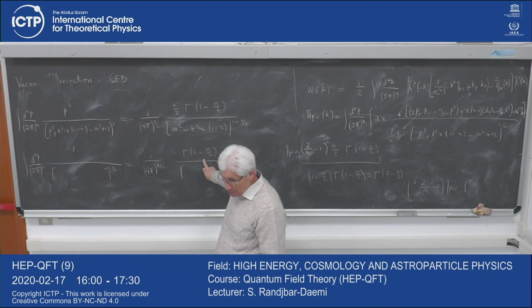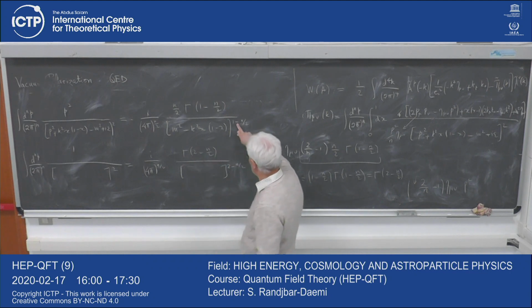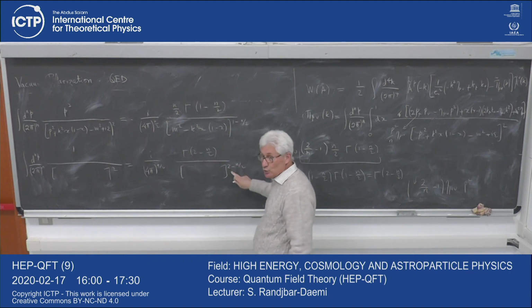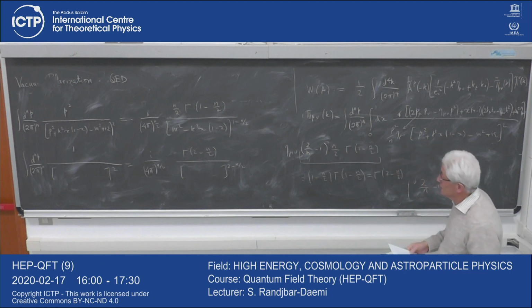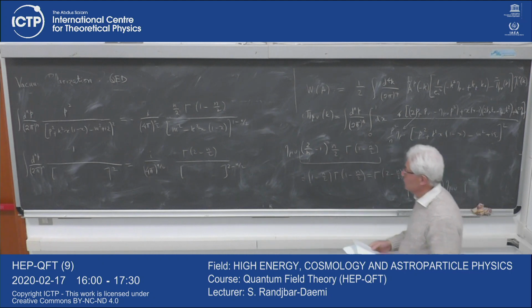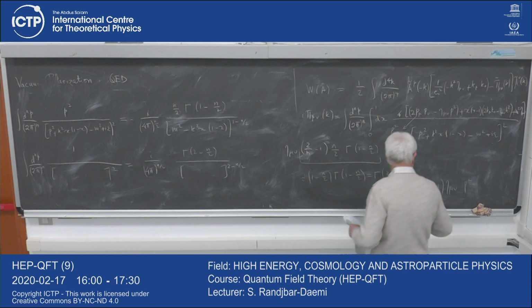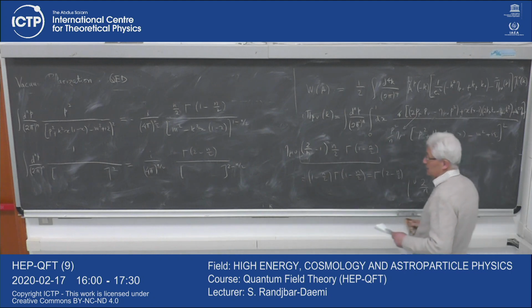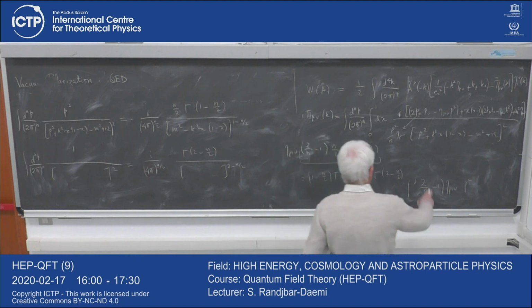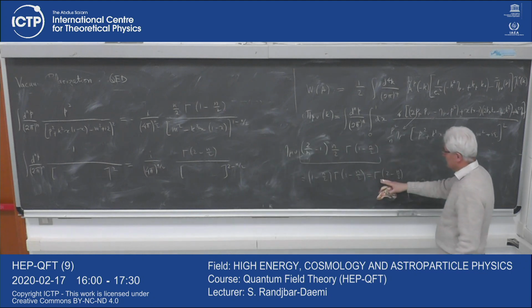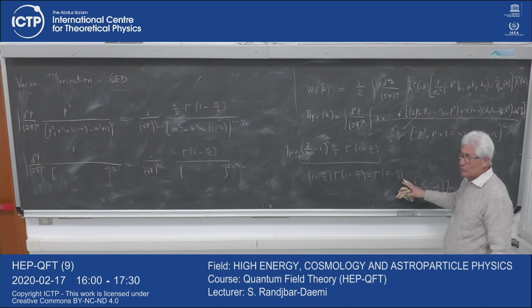But the denominators are different, because this has power 1 minus n over 2, and this has power 2 minus n over 2. So when we put them together, it's better to write the denominators like a single denominator. We should remember that from the first factor we will get a clean gamma of 2 minus n over 2.